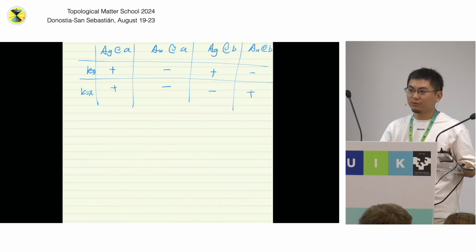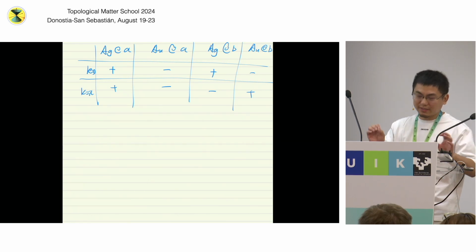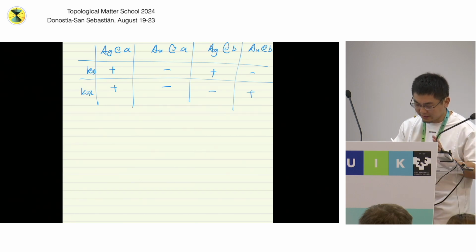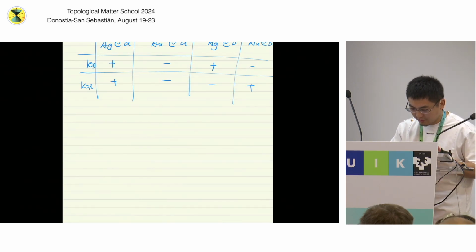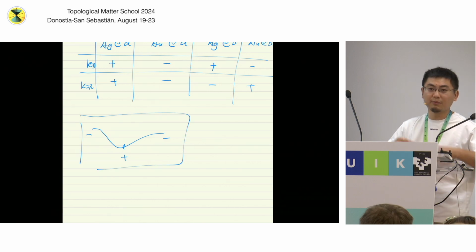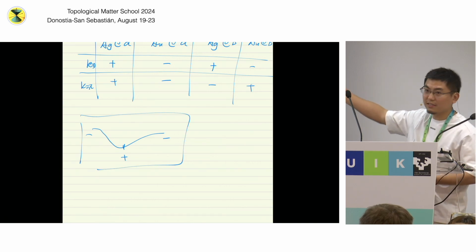The simplest thing we can do is calculate the inversion eigenvalues for this 1D band. So imagine that we have one band and we have inversion eigenvalues like this. For example, in some DFT calculation, we have this band structure.